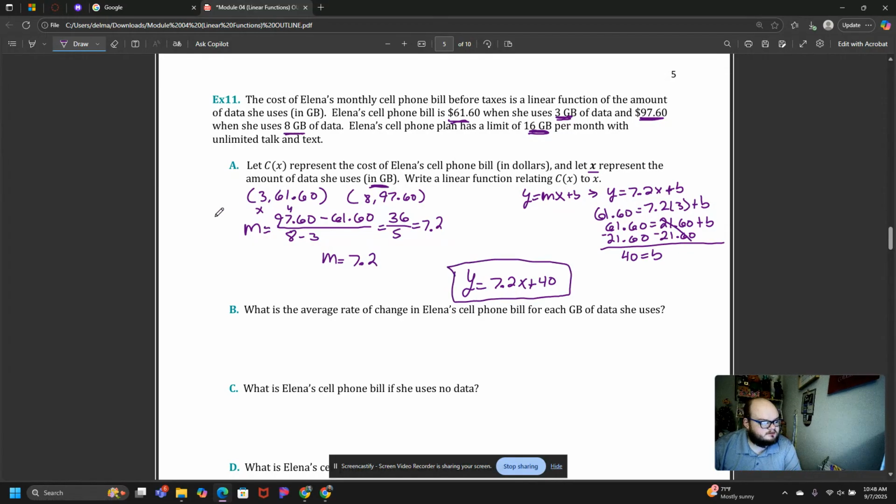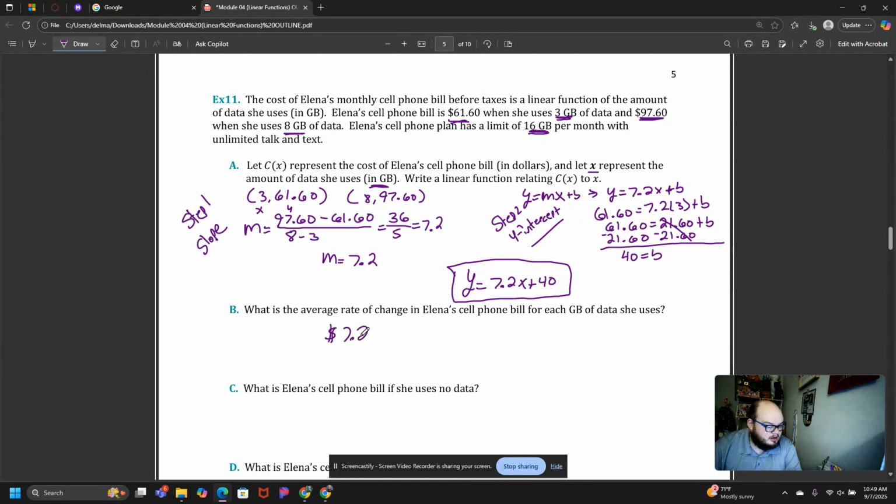Okay, so the first thing we did was to find the slope. Step 2 was the y-intercept. And then we end up with our final answer. What is the average rate of change in Elena's cell phone bill? Well, that's the slope.